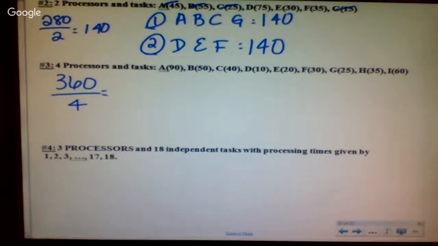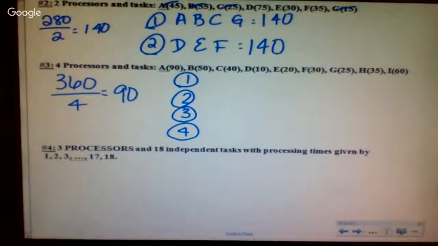Okay, this time I'm splitting between 4, so each one should have 90. B and C can go together. I was gonna say we can throw A. You can start with just A, it's 90 in itself.